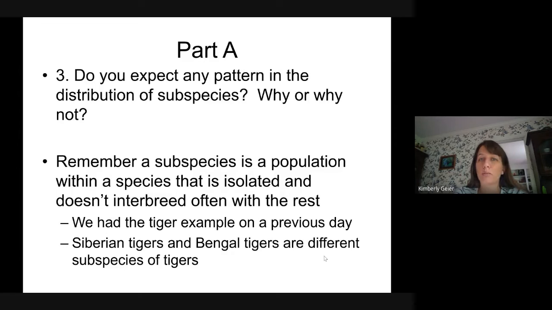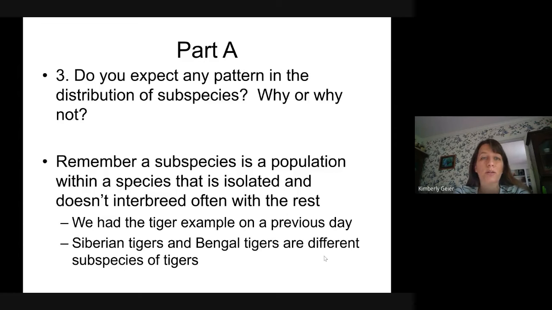So we talked about subspecies the other day when we had the tiger example. So for example, Siberian tigers and Bengal tigers are both tigers. They're in the same species, but they're different subspecies. And maybe you remember that the Siberian tigers look very different than Bengal tigers, but they can all interbreed and produce fertile offspring, so they're part of the same species.